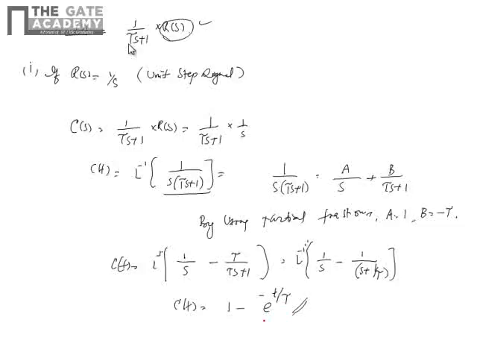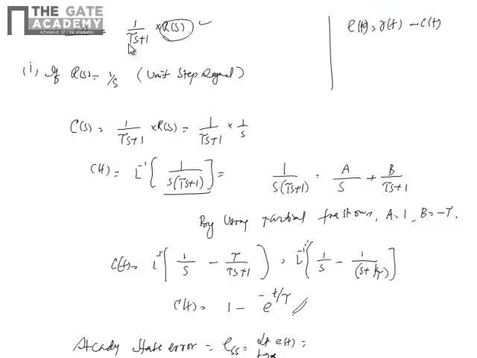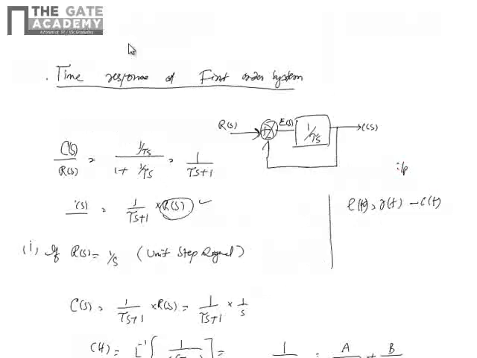Now what is the steady state error for this system? Steady state error e_ss equals limit t tends to infinity of e(t). The error signal e(t) equals r(t) minus c(t), where r(t) is the input signal and c(t) is the output signal for a unity feedback system.